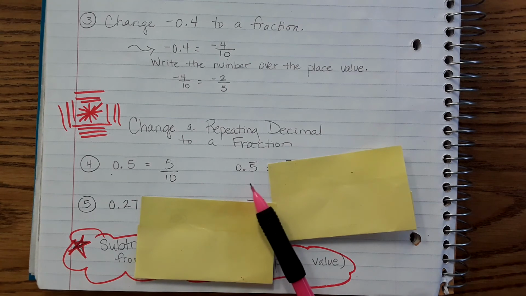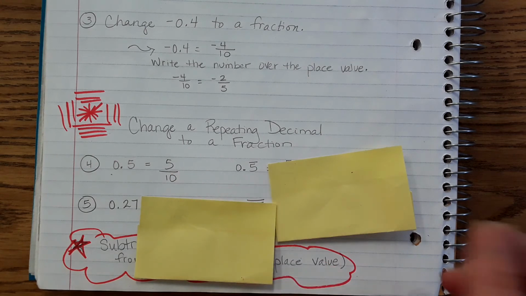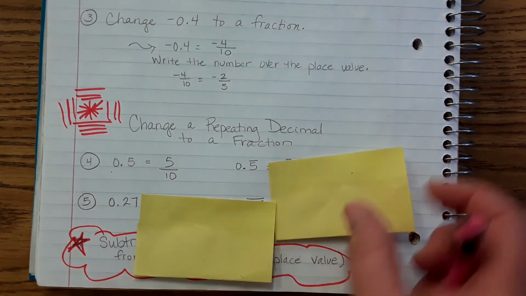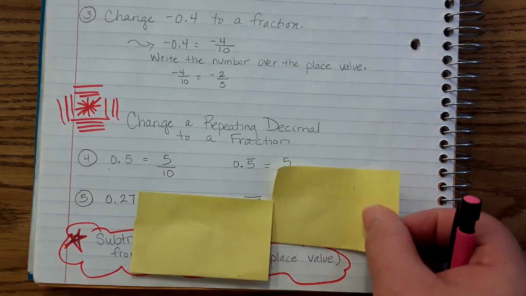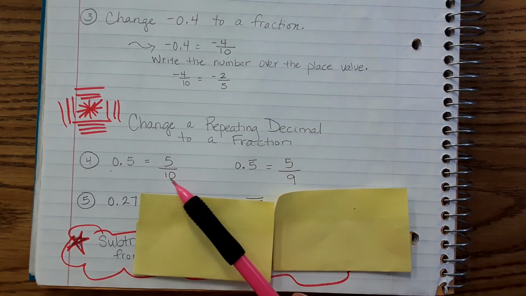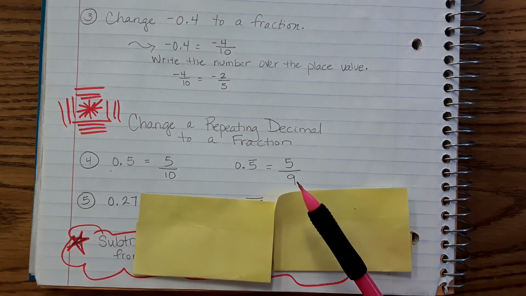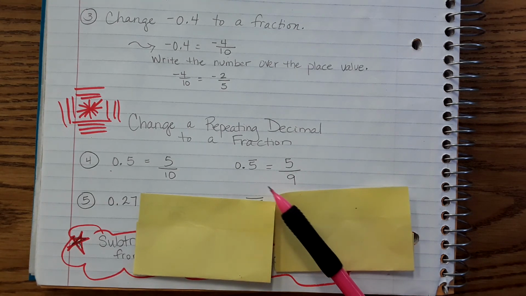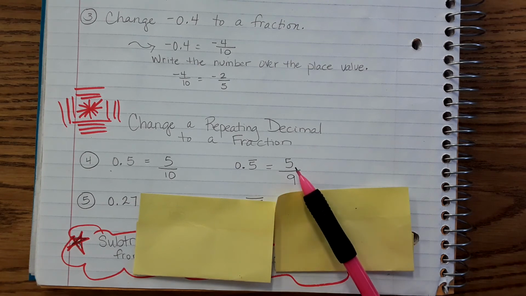If we want to change 0.5 repeating to a fraction, start with 5 over 10, and then subtract 1 from the place value, and that would give us 9, because 10 minus 1 is 9. 5/9 is 0.5 repeating, and you can even check it if you'd like on the calculator, 5 divided by 9.